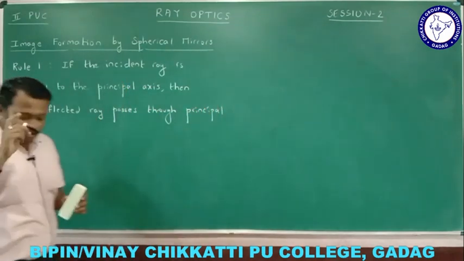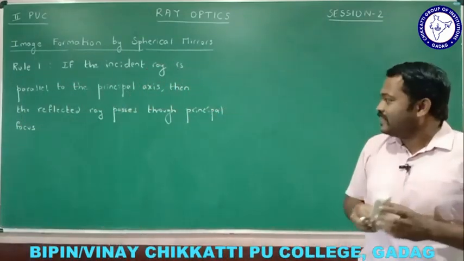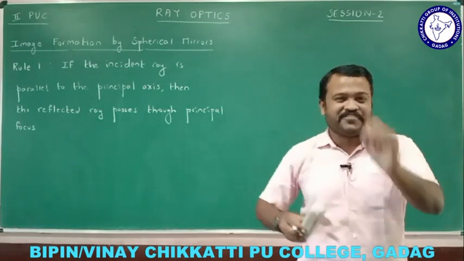Okay, this is the rule number 1. If the incident ray is parallel to the principal axis, then the reflected ray passes through principal focus.